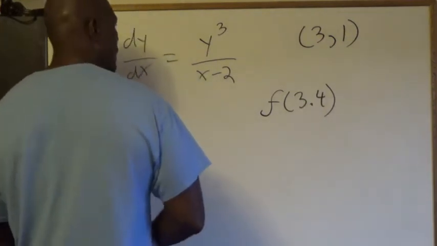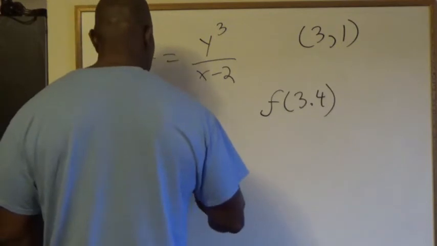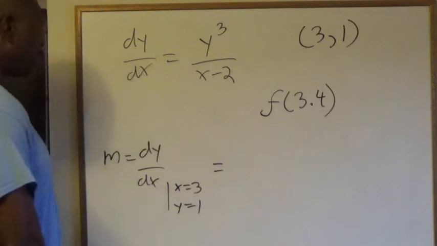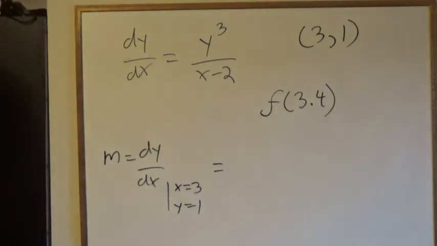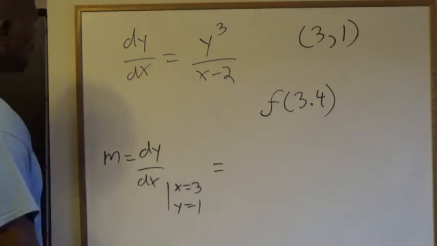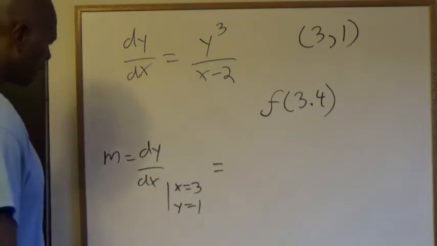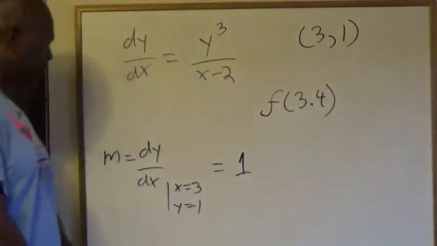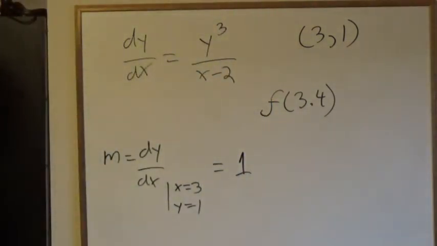So it will be dy by dx where x is 3 and y is 1. I'm going to plug in 3 for x and 1 for y. If I plug in 1 for y, that's 1 cubed, and 3 minus 2 is 1. So again, the slope is 1, another very basic slope.